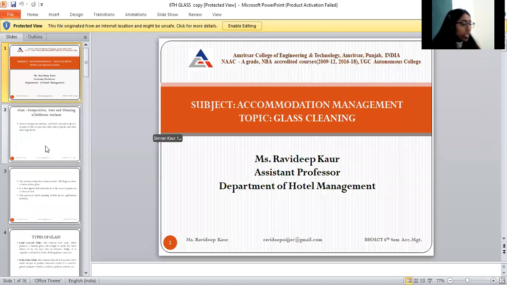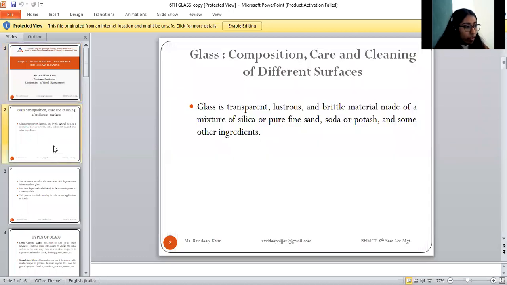First of all, we'll study what glass is, how glass is made, what types of glasses there are, and how we clean and maintain glass.